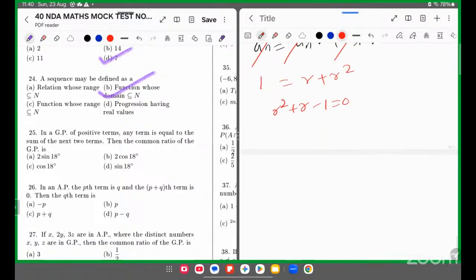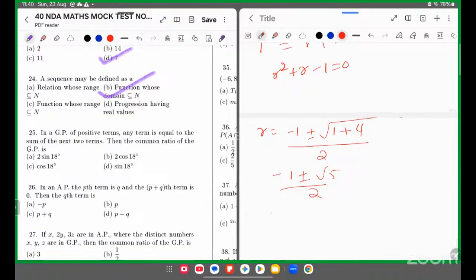If I use the quadratic formula, r can be written as minus 1 plus or minus the square root of b square minus 4ac, which becomes plus 4, divided by 2. So r can be minus 1 plus root 5 by 2.